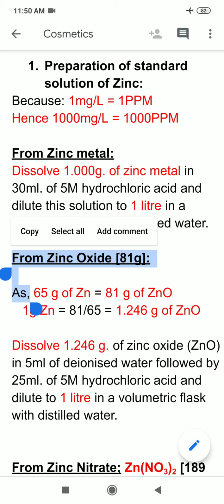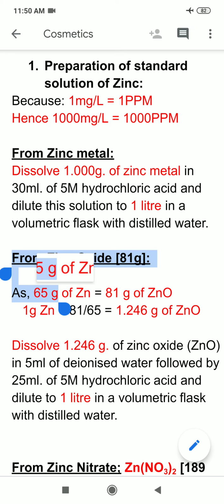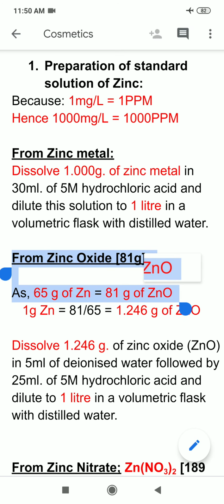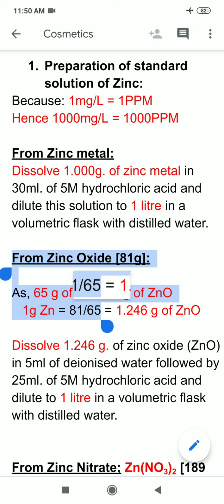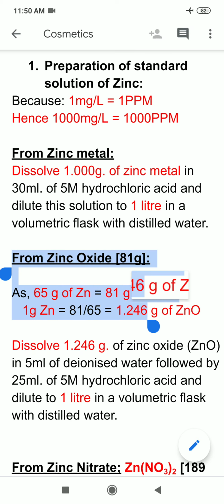As the atomic weight of zinc is 65, 81 grams of zinc oxide contain 65 grams of zinc. So 65 grams of zinc is equivalent to 81 grams of zinc oxide. So 1 gram of zinc would be equal to 81 divided by 65, which comes out to be 1.246 grams of zinc oxide.